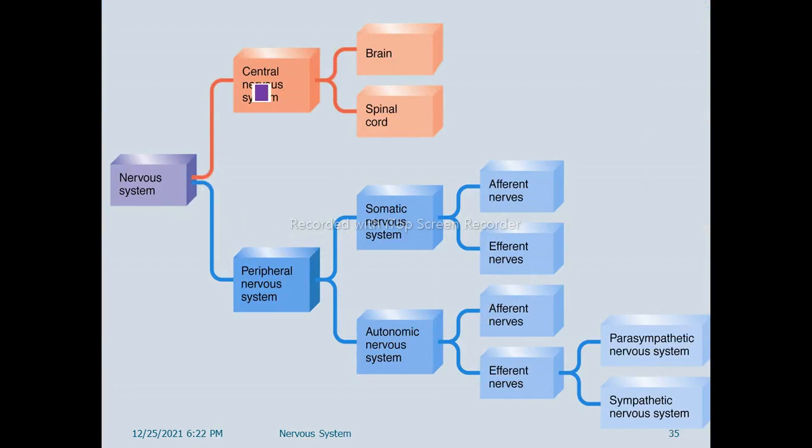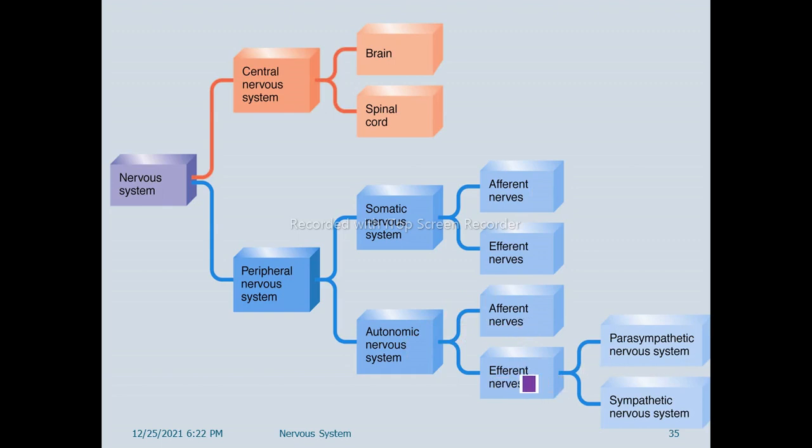So the nervous system can be divided into the central nervous system and the peripheral nervous system. The central nervous system is the brain and spinal cord. The peripheral nervous system also has two divisions: somatic nervous system, which is voluntary, and autonomic nervous system, which is involuntary. The somatic nervous system has afferent and efferent divisions. Afferent means sensory, efferent means motor. The autonomic nervous system also has two divisions: afferent is sensory, efferent is motor.